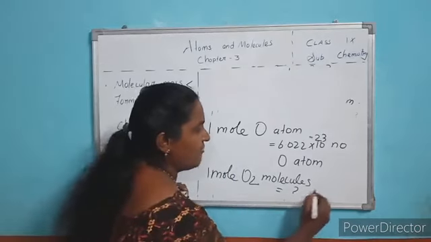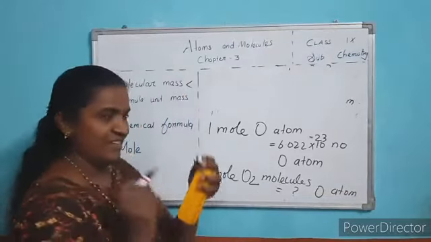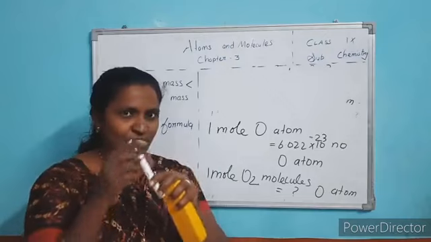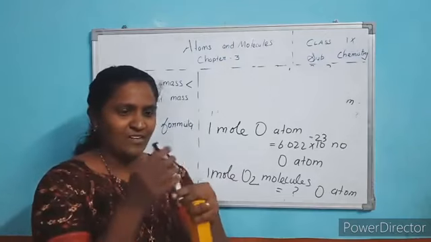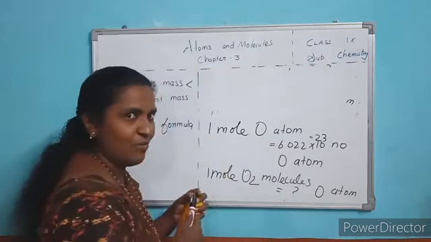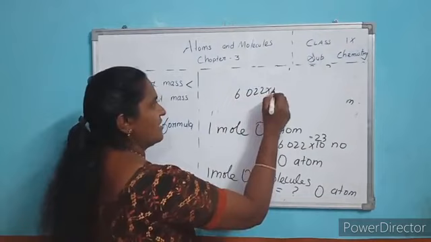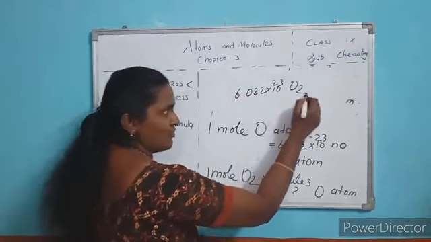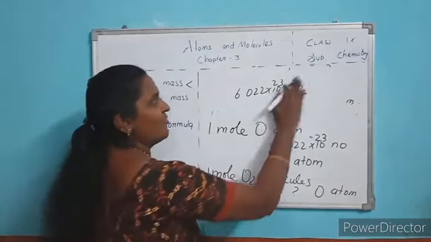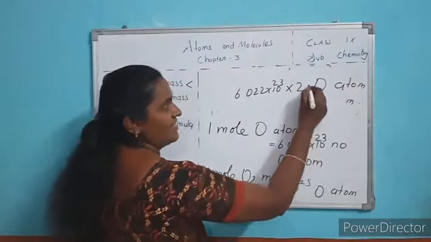This is 1 O, this is 1 O. They join to form O2. 1 O2 contains 2 O. So this many O2 contain how many O? You have to double it, isn't it? 6.022 into 10 raised to 23 number of O2. Now the question I am asking is not how many O2, but how many O. So into 2 O atoms. Oxygen atoms.